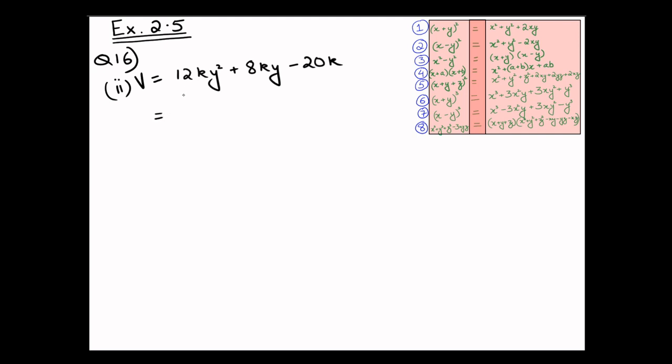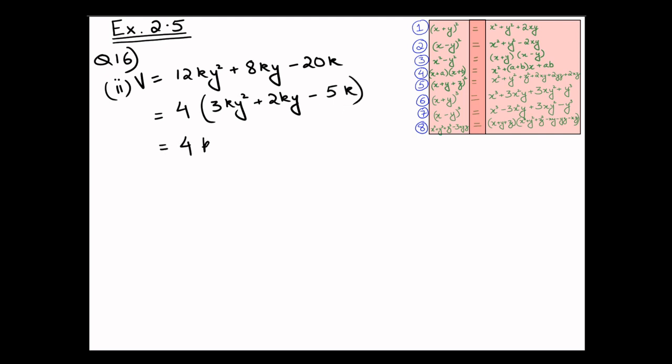So let me write on the onset 4 common from this equation and I get 3ky square plus 2ky minus, sorry, not 20k, minus 5k.